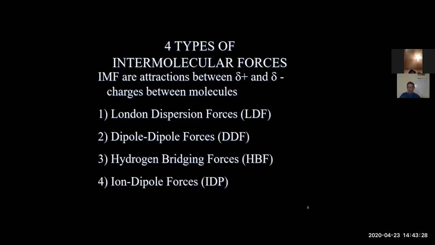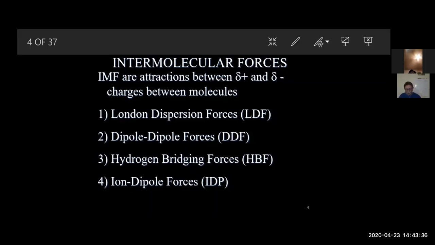And then finally, the fourth force involved here is called the ion-dipole forces. The key word is ion. That means we're dealing with an ionic compound, a metal and a nonmetal. And the majority of the time, you'll find these interactions in aqueous systems.